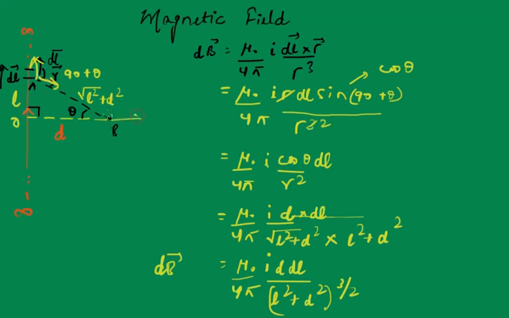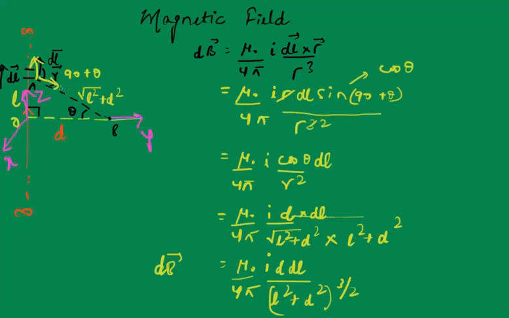Let's use a different color. Okay, let's use this color. So let's say this is the x direction, this is the y direction, and this is the z direction.